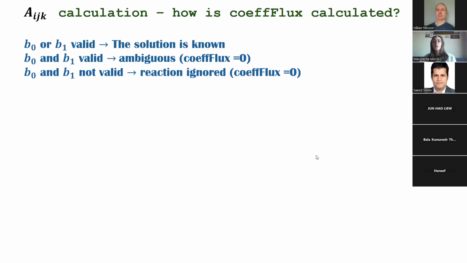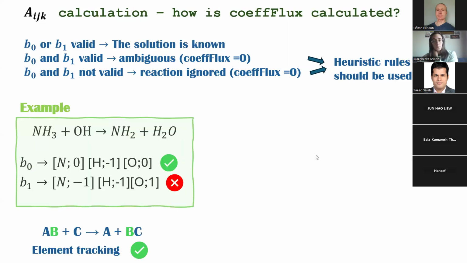In these last two cases, the reaction will be ignored. So we will put the coefficient flux equal to 0, the element flux will be equal to 0, and that reaction will not be taken into account in the diagram construction. We should, in theory, use heuristic rules 2 and 3 to solve these ambiguities, but I didn't have time to implement those two.